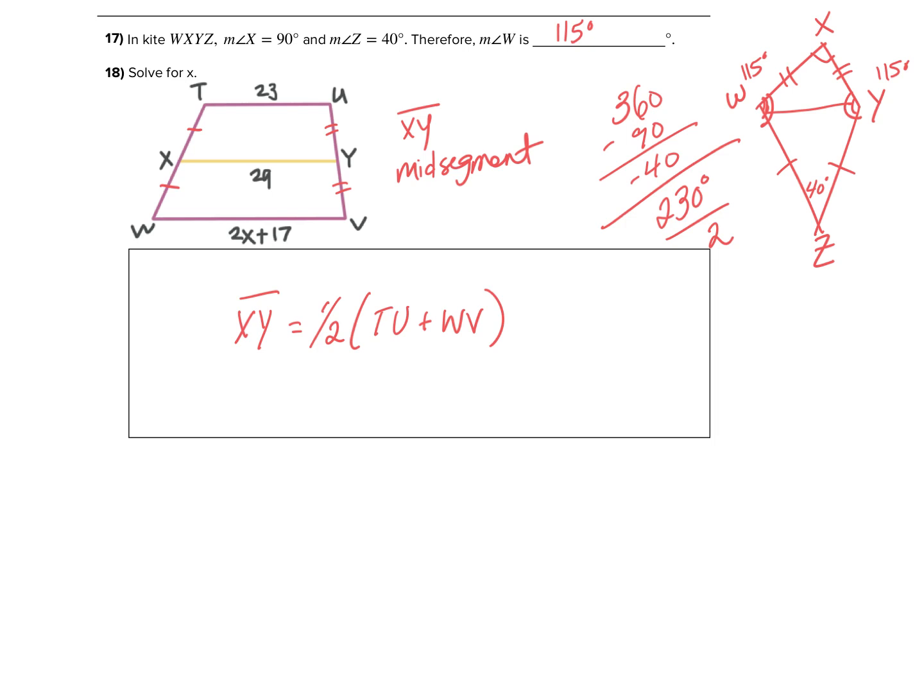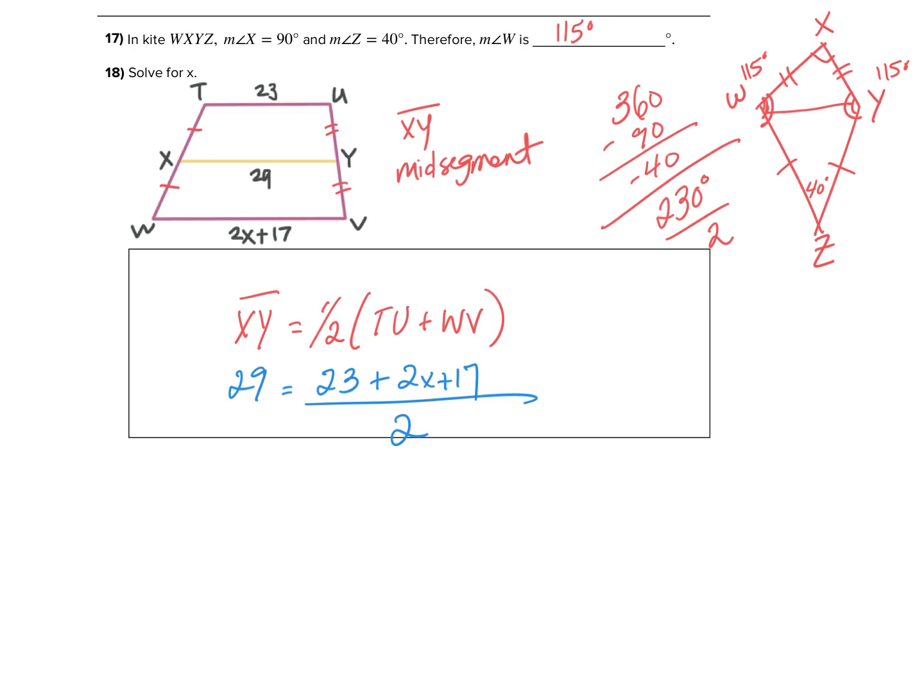the key here is getting rid of that half. So XY is 29 equals, and I can write, TU is 23 plus WV, which is 2x plus 17, divided by 2.